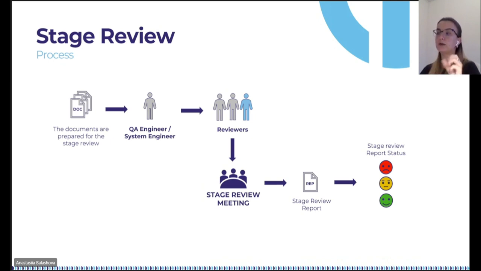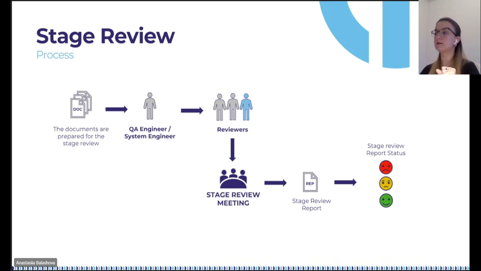Usually, we use 3 statuses as a conclusion of the stage review. If the status is red, it means that critical issues were found and they have to be resolved before entering the next stage. The stage review shall be redone. If the status is yellow, it indicates that some major issues were found, and they shall be resolved.